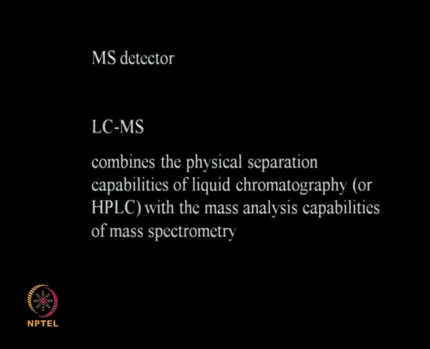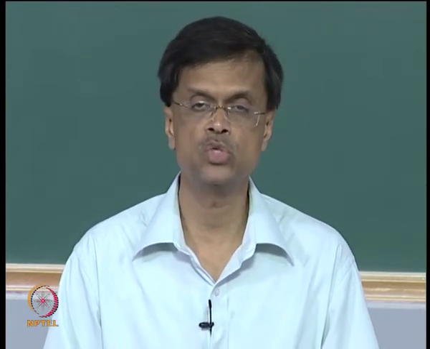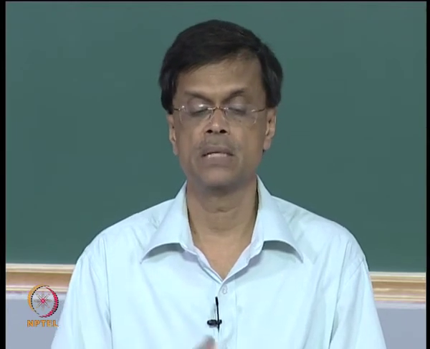Then we have the mass spec detectors. MS means mass spec. Nowadays mass spectrometry detectors have become very useful. They can give you a mass value for the solute or analyte. So nowadays LC-MS, that means liquid chromatography and mass spec, are getting coupled together, and you can use the LC part for separation of the various solutes or biomolecules or proteins, and then MS can tell you the mass number of each peak.